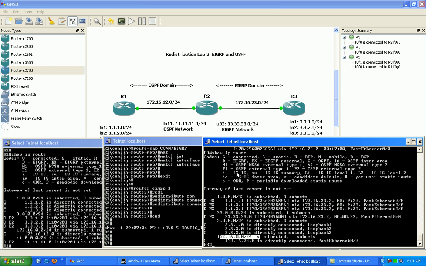However, we lost visibility to the 12 network. And again, I don't know if I went over this already, but when we're redistributing protocols into EIGRP, they're coming in as external, DEX, and they're going to come in with the default administrative distance of 170.